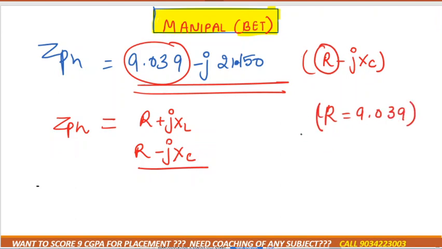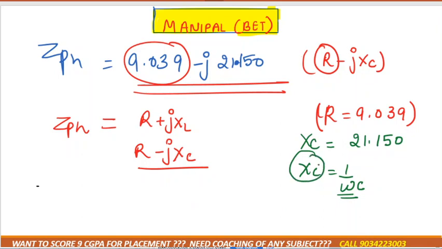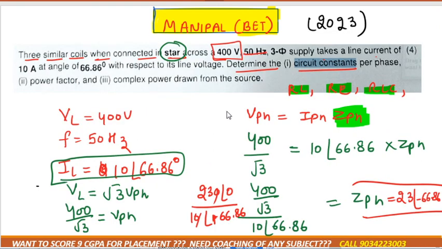And XC we got as 21.150. XC is 1 by omega C, and omega is equal to 2 pi f. Now we know the value of XC, can we get the value of C? So from there you will get the circuit constants, meaning we get R and C.